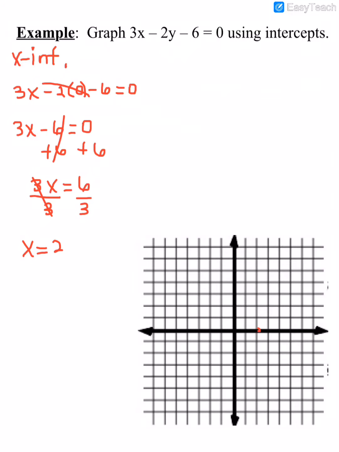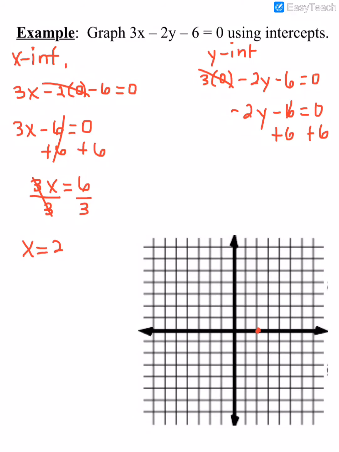Okay, so then to find my y-intercept, I'm going to plug in 0 for x. All right, so it's 3 times 0 minus 2y minus 6 equals 0. Okay, so 3 times 0 is 0, so that just kind of goes away, and I have negative 2y minus 6 equals 0.